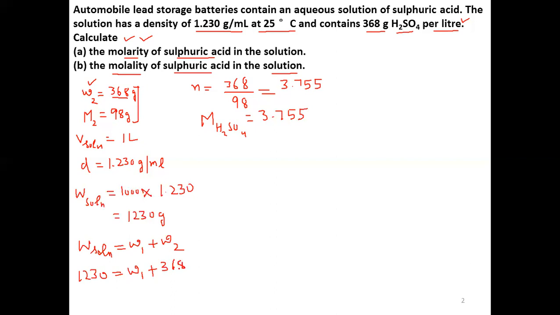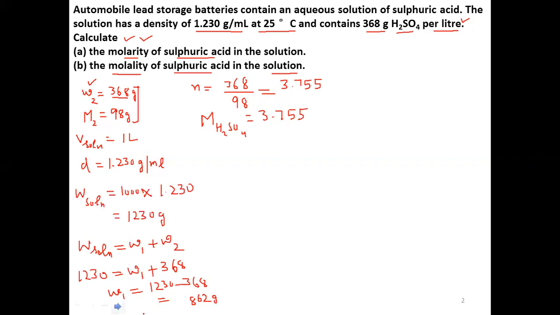So we can calculate it by simple subtraction. W1, which is weight of solvent, is 1230 minus 368, which is 862 grams. So this is the weight of solvent.